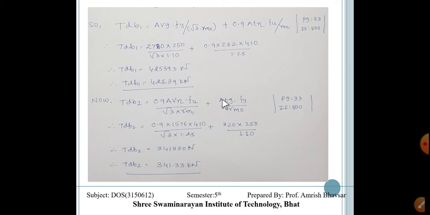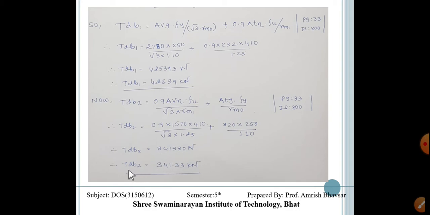So TDB1 is equal to 425.39 kilonewton. Now another equation for the block shear failure, that is 0.9 AVN Fu by root 3 into gamma m1 plus ATG into Fy upon gamma m0, and all these values we have. So whenever we put in these values that we have already calculated, we will get TDB2 is equal to 341,330 Newton.